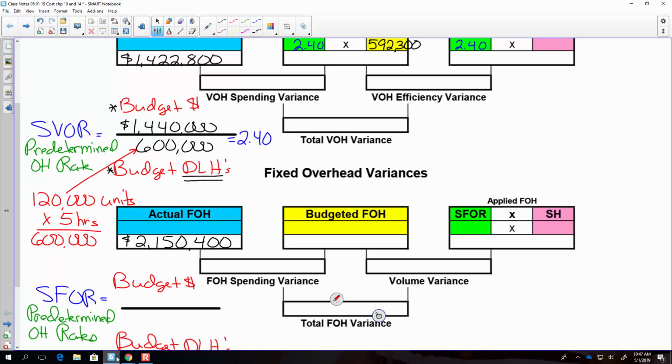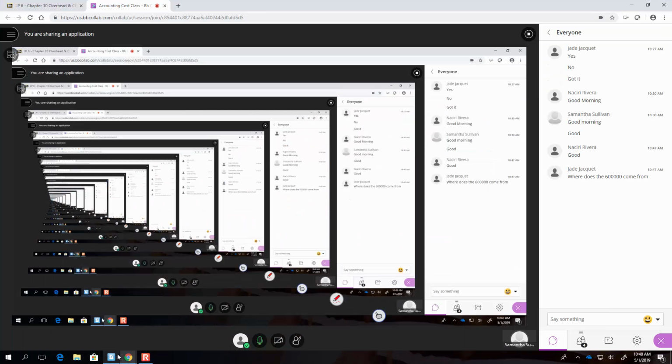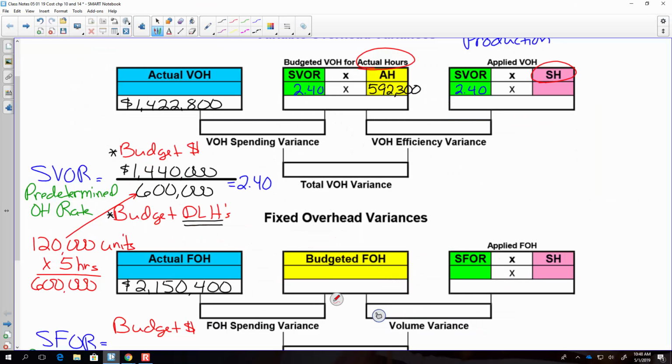Remember, we have to do that conversion because our templates are based on labor hours. So you'll see the actual hours here, and the applied is based on hours as well. So we have to convert it. Is that all right then, Jade? Okay, awesome.